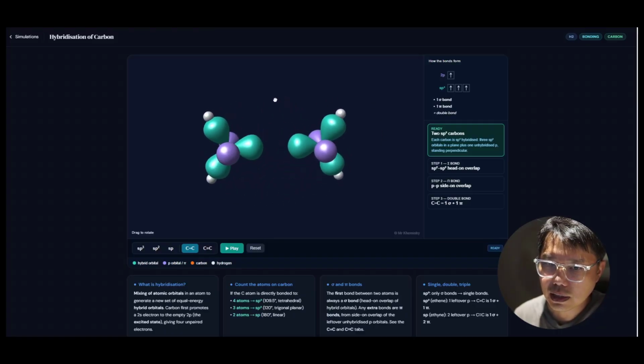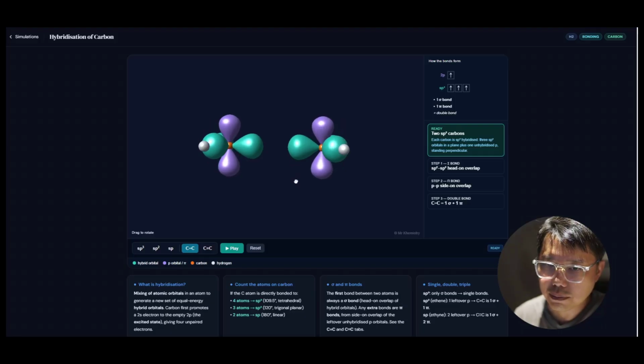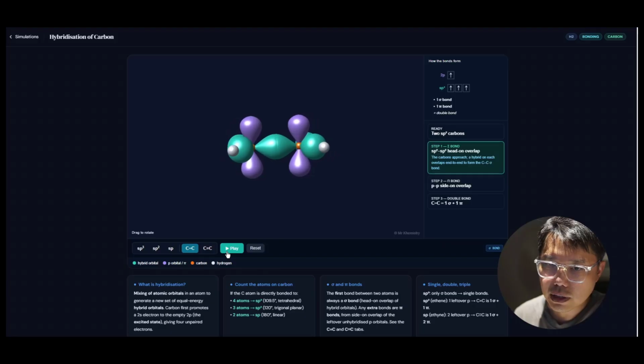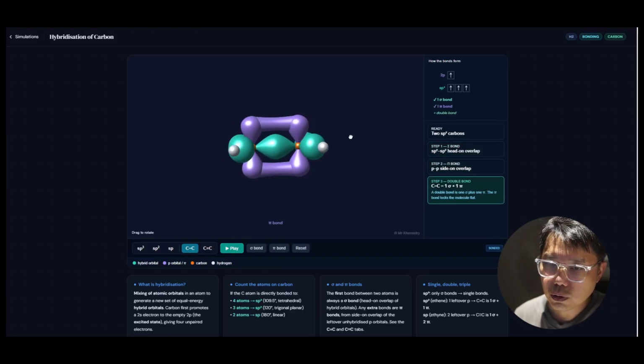You see the carbon right in the middle there is orange, slightly small. We're going to push them together so that the hybrid orbitals can overlap and the p orbitals also can overlap. So let's do this. Merge them together and the p orbitals also overlap.